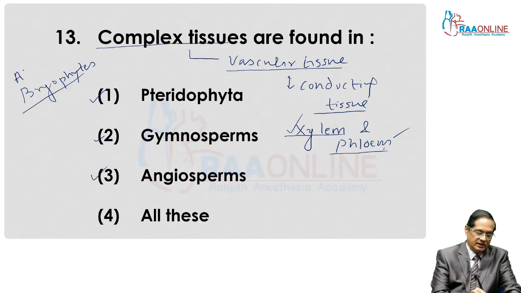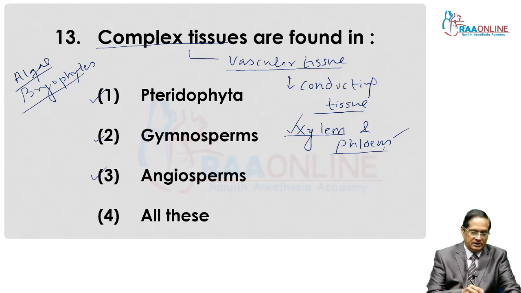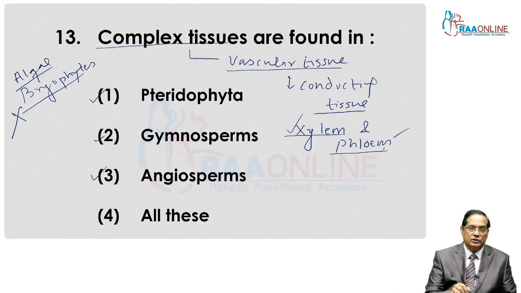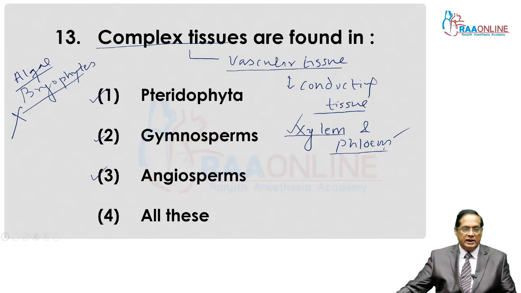And algae and bryophytes, they don't have complex tissue. So pterido, gymno and angio, they are all with vascular tissue, that's why the answer is 4.